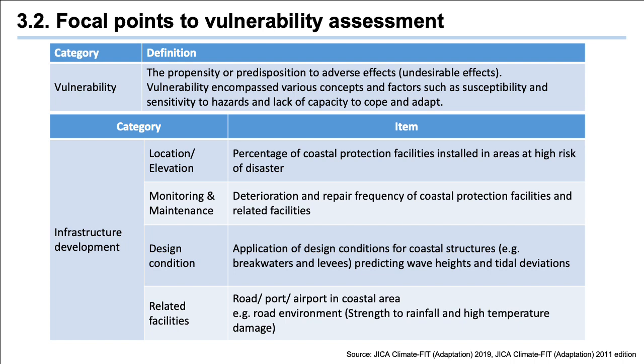The design condition includes application of design condition for coastal structures for future change of predicted wave heights and storm surge. The fourth one is related facilities. So coast has the various kind of related facilities such as road, port, airport in the coastal area.